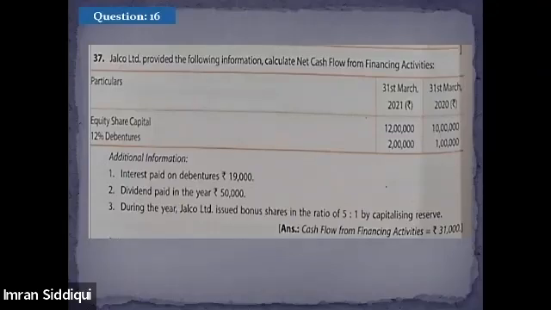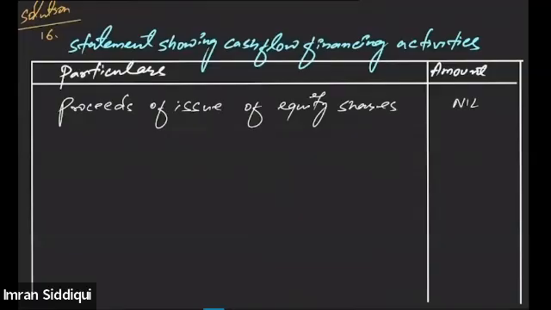Alright. Now talking about the debentures. 12% debenture at the beginning of the year was 1 lakh, and at the end of the year we have 2 lakh by way of debenture. So that means we have issued debenture and we must have received 1 lakh extra on account of debenture. So we'll write this as proceeds from issue of debenture.